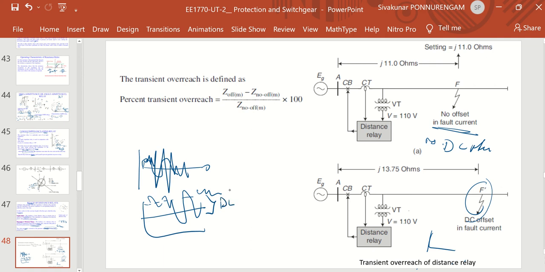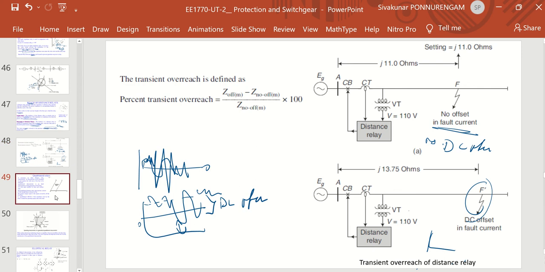This is the DC offset: the waveform is lifted upward from the zero point, superimposed, so the positive and negative half cycles are not equal. During this DC offset, the reach problem may occur in the relay systems.